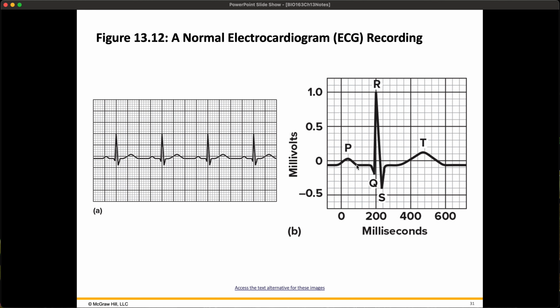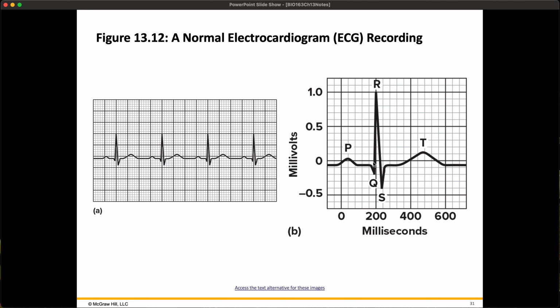This is where the atria are actually contracting. They get the electrical signal, and because we're talking about milliseconds, it loses that electrical spike, and right into this flat part is the primary site of atria contracting.